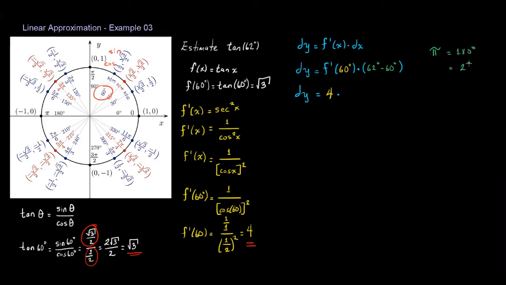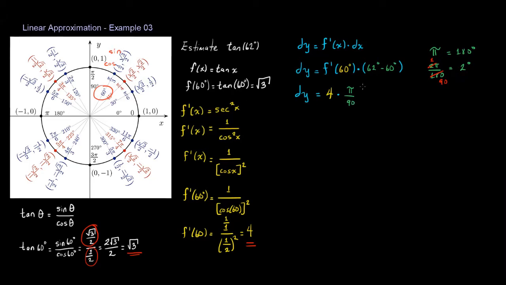So 2 degrees would be 2 times pi over 180. If we simplify, half of 2 is 1, half of 180 is 90. So this 2 degrees, or this dx, will be equal to pi over 90.